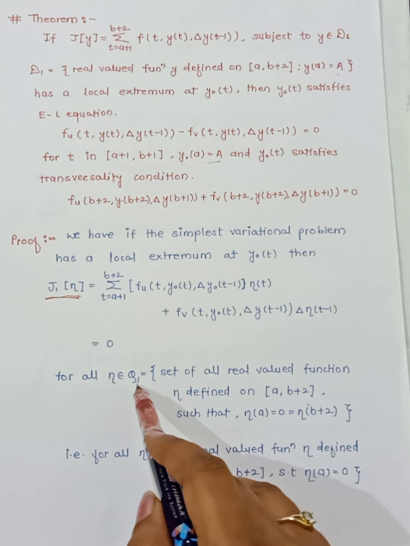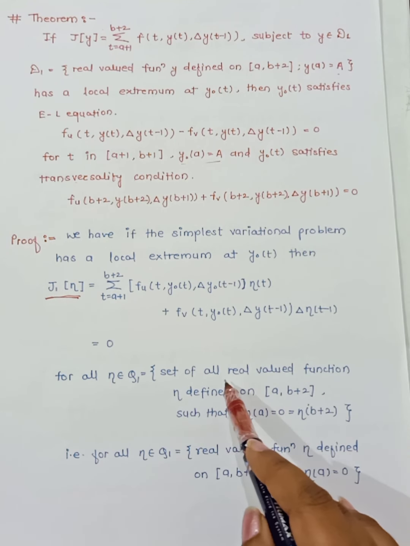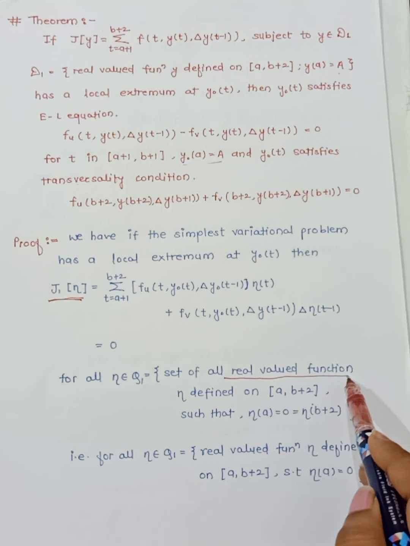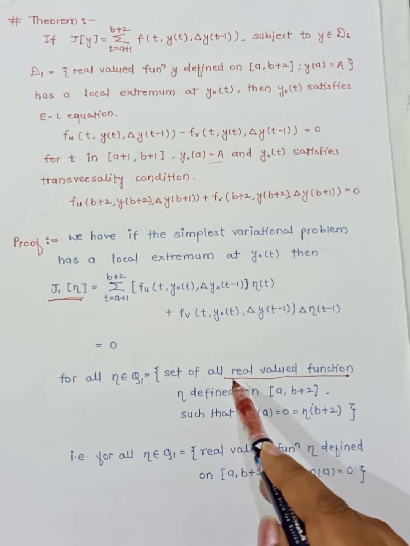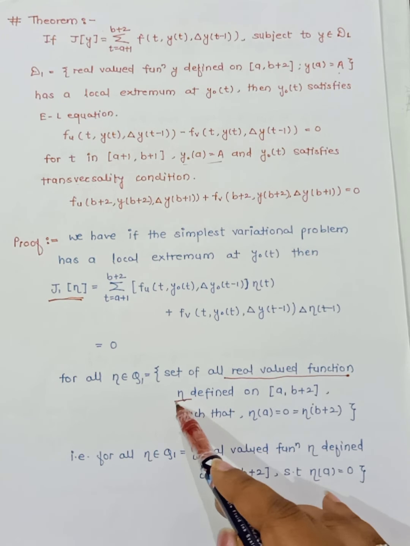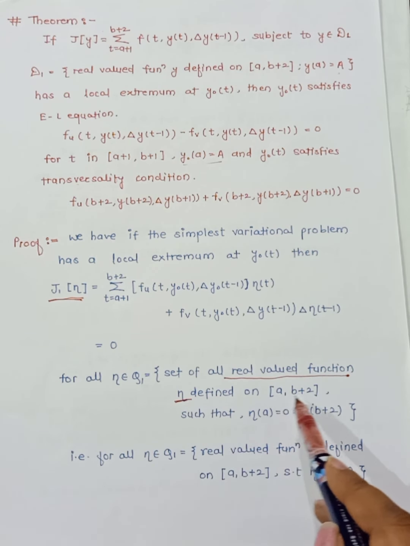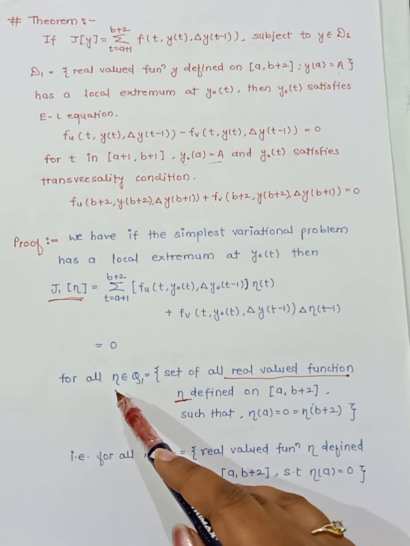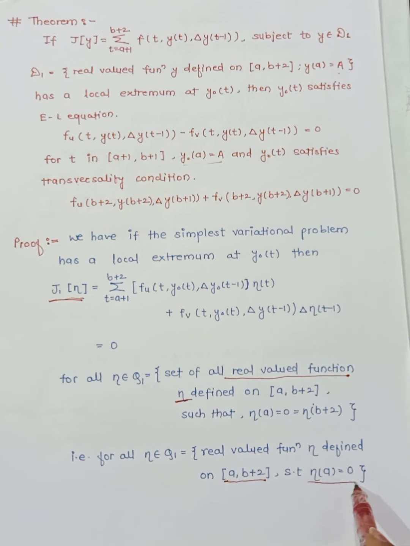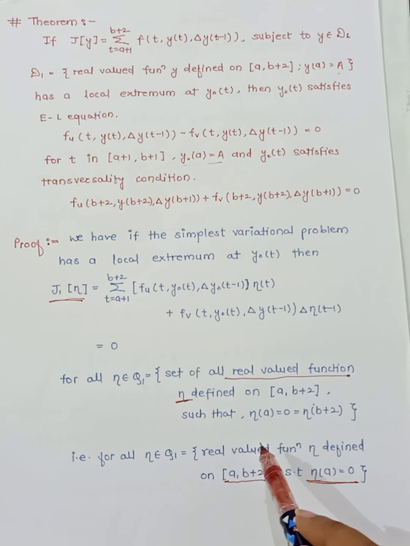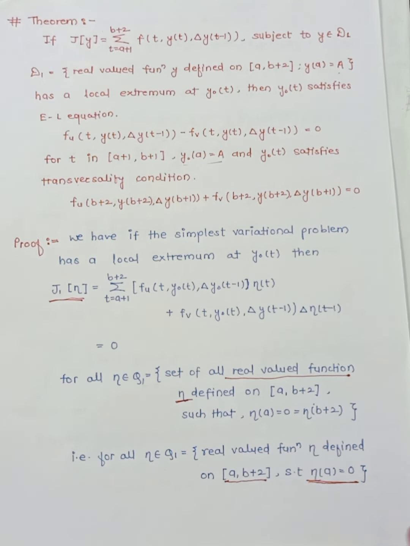That means Q1 is our set of real valued functions, and eta belongs to it, so it is the set of all real valued functions eta which is defined on the closed interval a and b plus 2. Since eta belongs to it, we have eta(a) equals 0. It belongs to it and satisfies this condition.